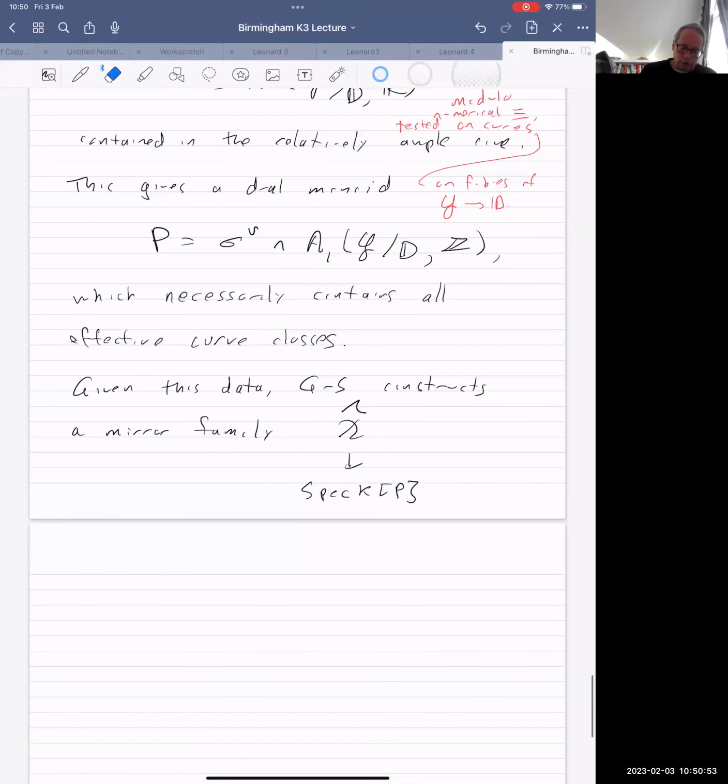Maybe I should stick to the complex numbers here. And now I should tell you what this thing here is.